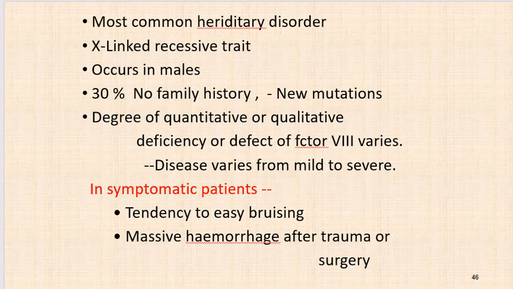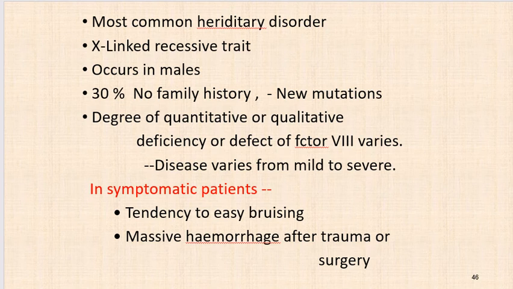And the degree of qualitative or quantitative deficiency or defect of factor 8 varies in these patients, and by virtue of this variation, the disease varies from mild to very severe.